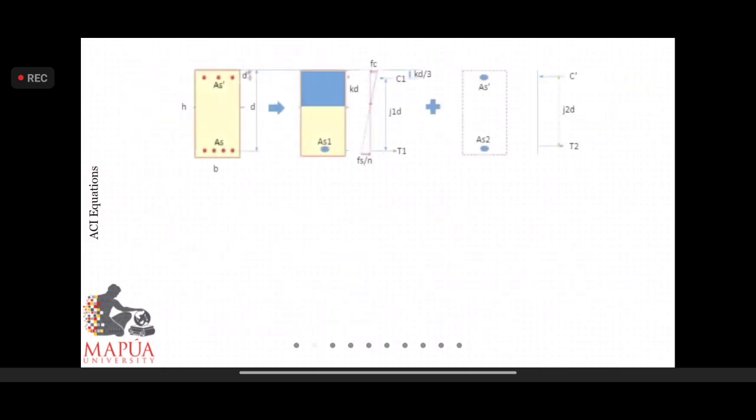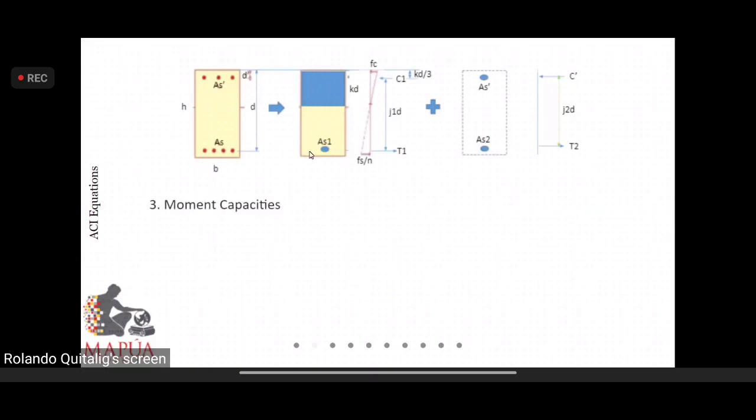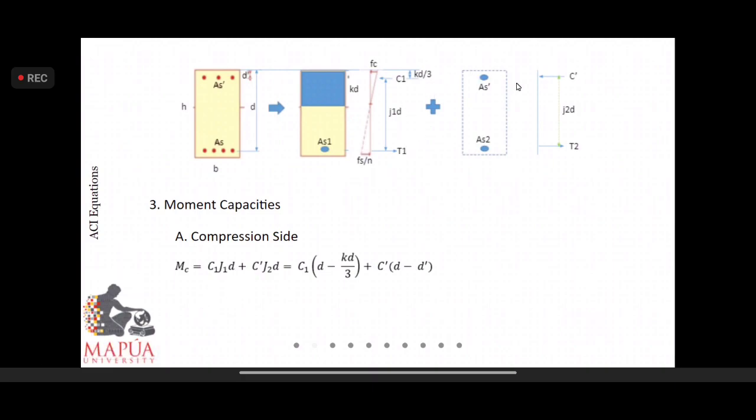Then we compute the moment capacity with the same consideration of these insights based on this depicted diagram here. We can say that on the compression side, we have Mc as C1 j1d plus C2 or C prime, that C2 as previously presented, C prime j2d, wherein this j1d is the effective depth minus 1/3 of the computed kd.